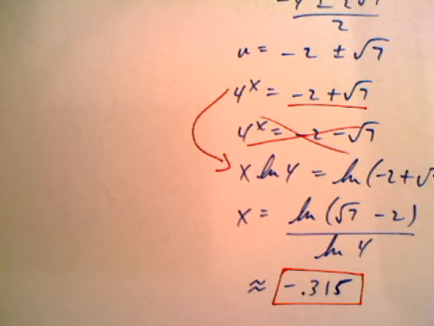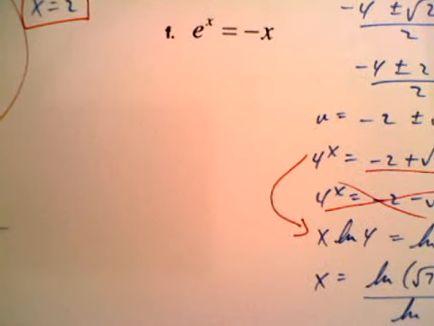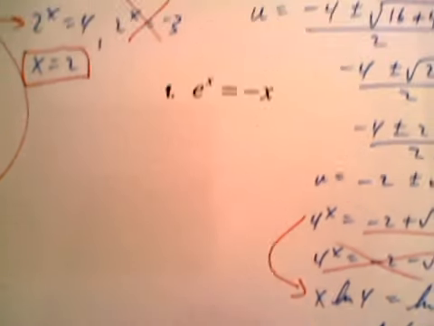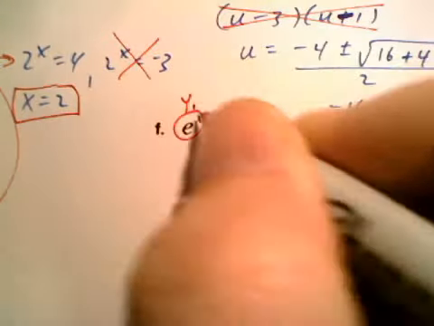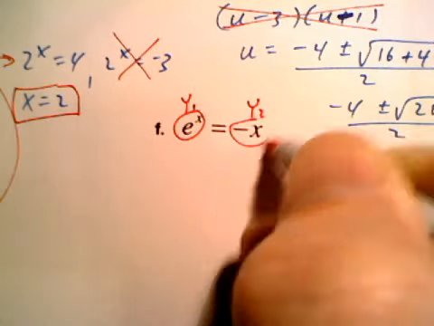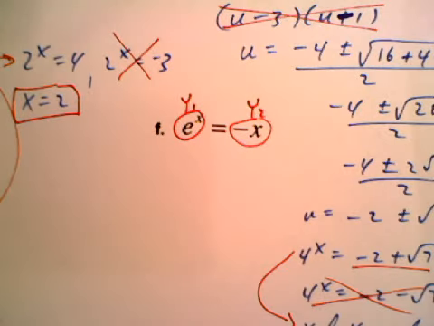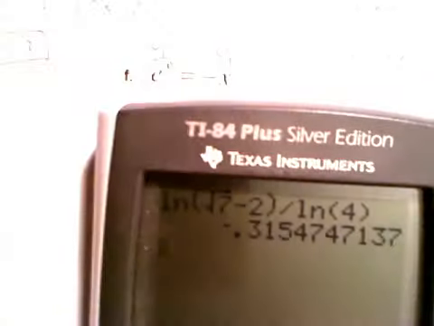Alright, last one. Solving e to the x is equal to the opposite of x. Well, alright, so I'm going to actually write this down this time. I'm going to write y1. There's my y1. y2, there's my y2. Okay? e to the x. So we should be able to do this pretty easily.